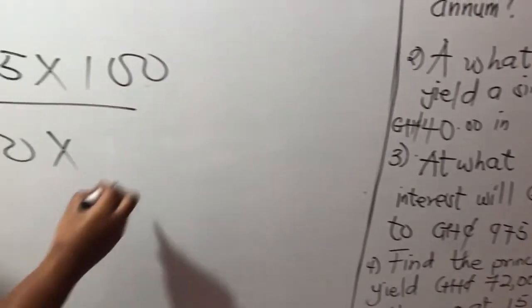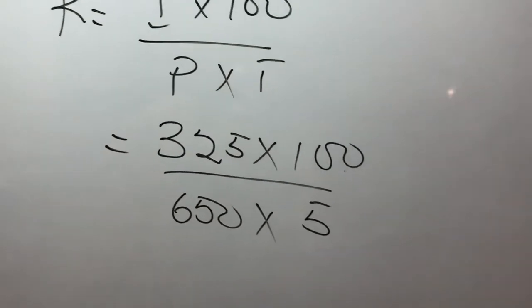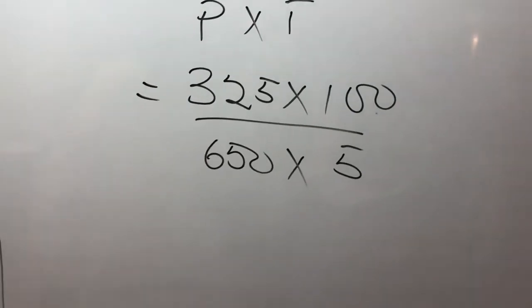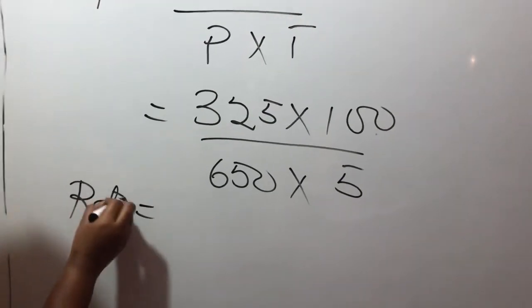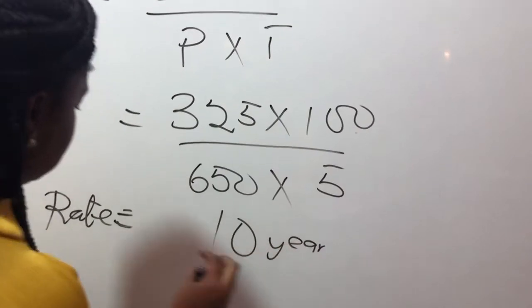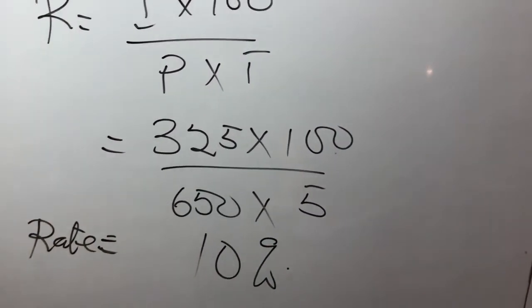And our time is 5 years. Now after you do your counts, because of time, I will not waste time. So rate is 10. Hey, rate is in percentages. So rate is 10%.